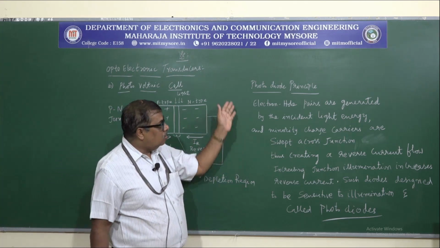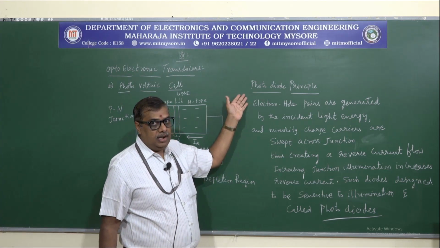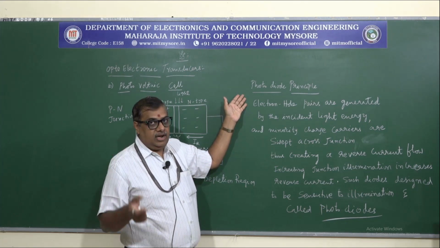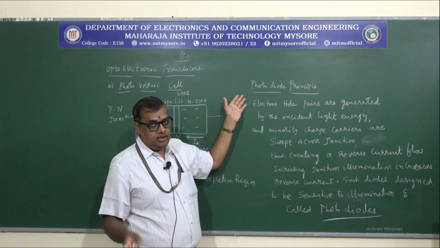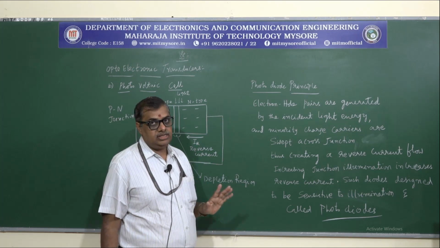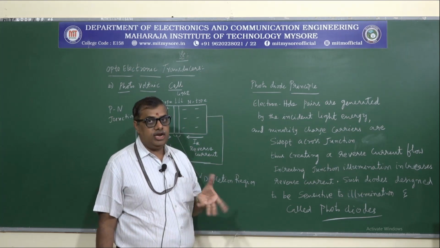So, let us see the photodiode principle. Diodes which work on the photo effect are called photodiodes. There are two types of diodes. One is the PN junction diode, the ordinary diode.